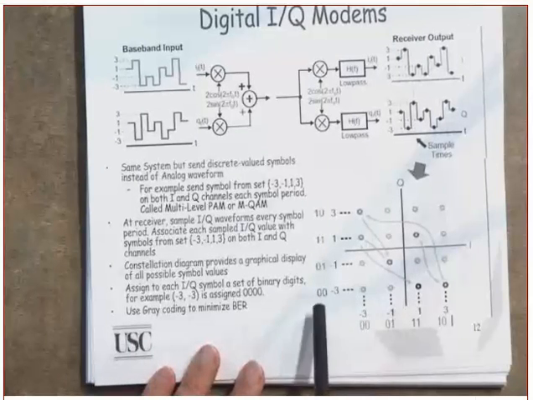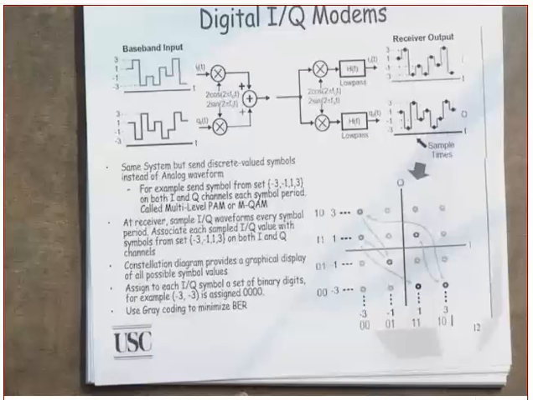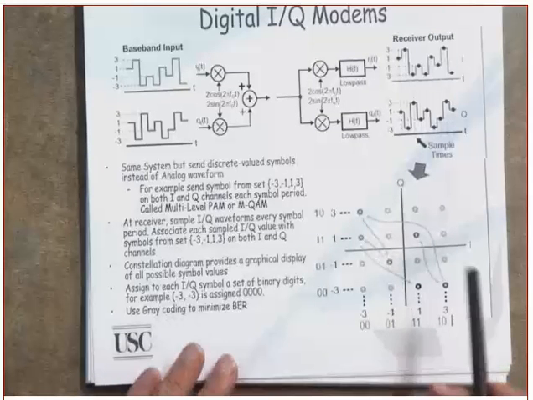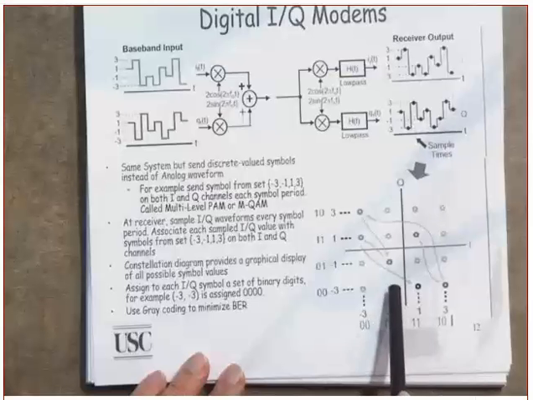The code that was used in here is what is known as the gray coding. In the gray coding, there will be only 1 bit that changes when you go from one symbol to an adjacent symbol. So, for example, going from here to here, there will be 1 bit changing. From here to here, 1 bit changing.